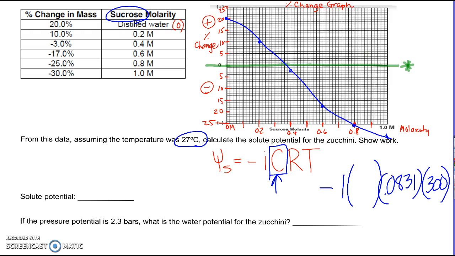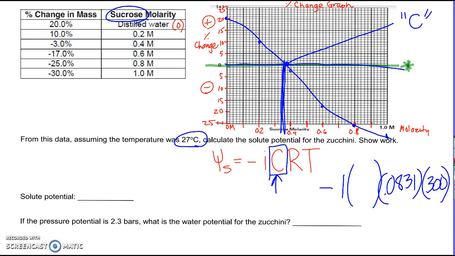So if we go all the way back to one of the first things we talked about, in your potatoes, the same thing is true. If we figure out where it crosses the x-axis, that would be the molarity of the actual zucchini, or in our case, the actual potatoes. That is our best estimate of what solution would be isotonic to our potatoes.